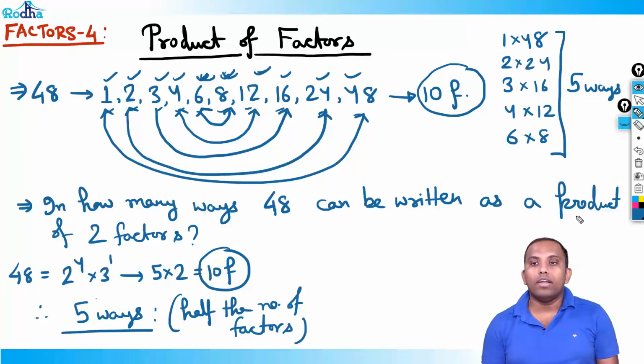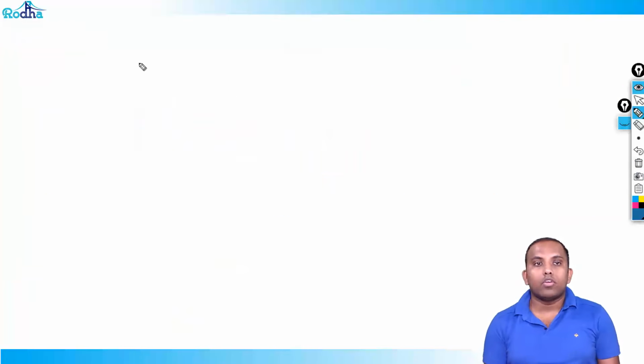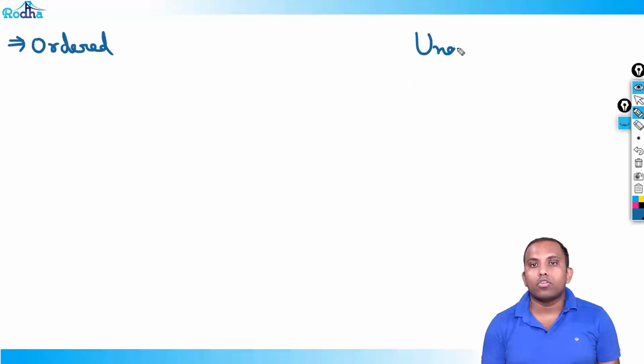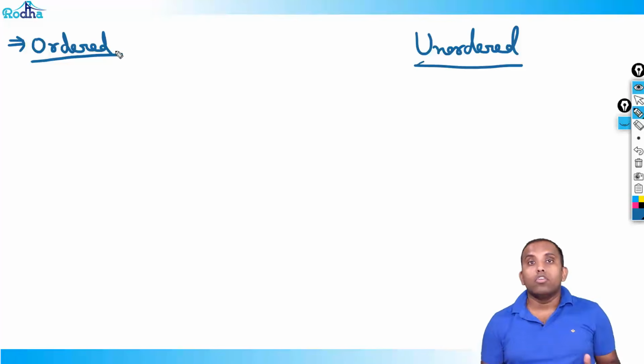So ordered solution and unordered solution are the two terms that may or may not be mentioned in a question. We have to see when to find ordered and when to find unordered.